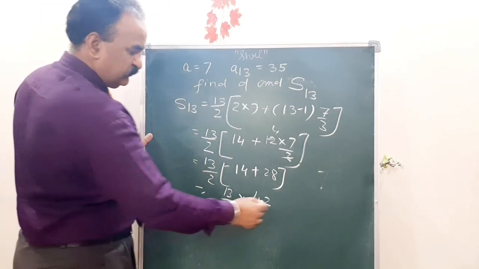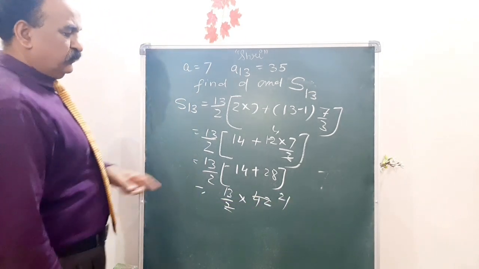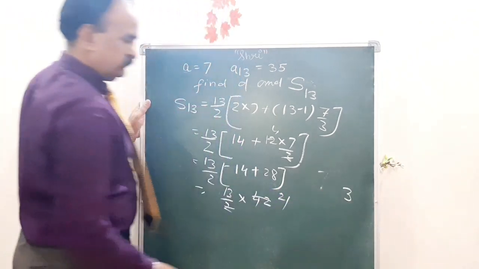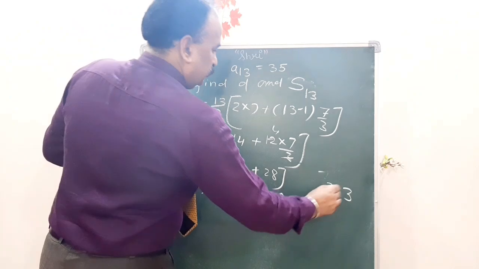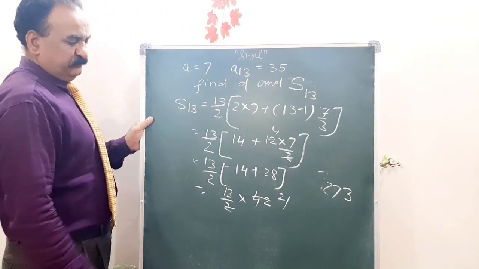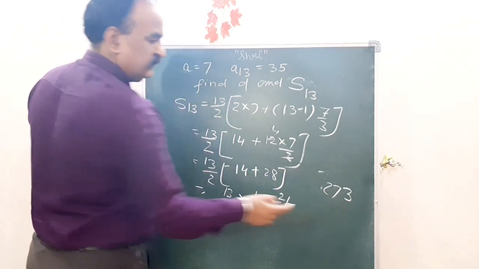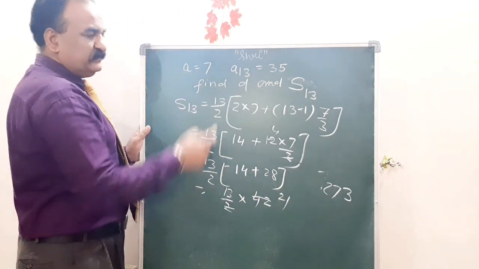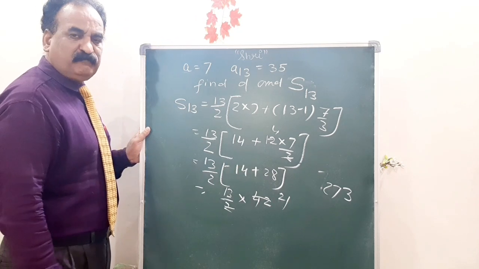You can cancel 2, 21. Now 21 into 13 you can do. 13 1s are 13, 273. 3 carry over 1. 13 2s are 26, 1 is 27. It means sum of 13 terms is equal to 273.